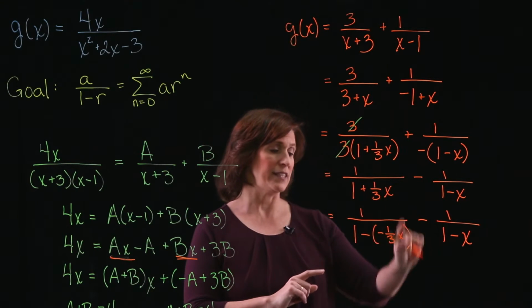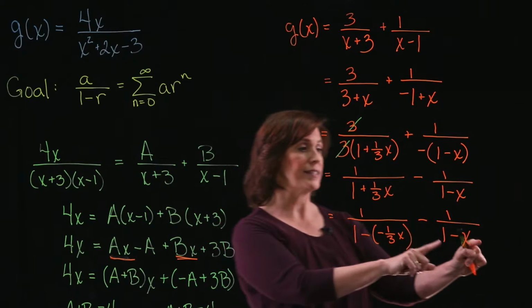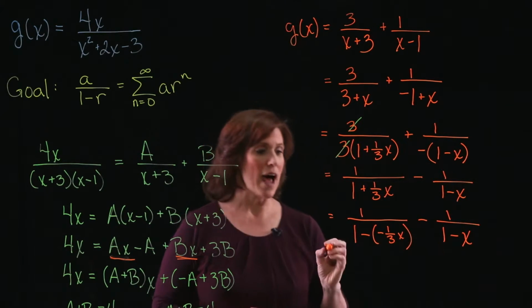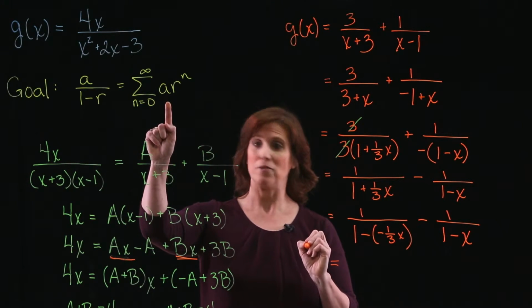So in this problem, in this first piece, r is going to be minus 1/3 x. And for the second part, r is just going to be x. Okay, so now I can rewrite this using this description of my geometric series.